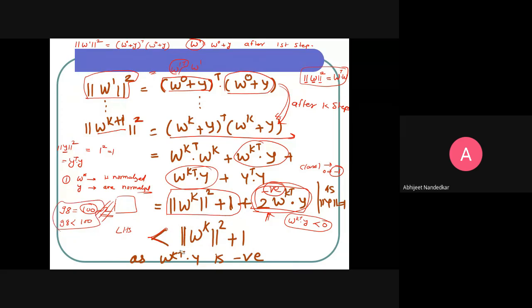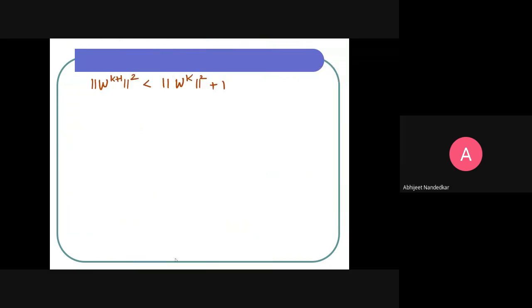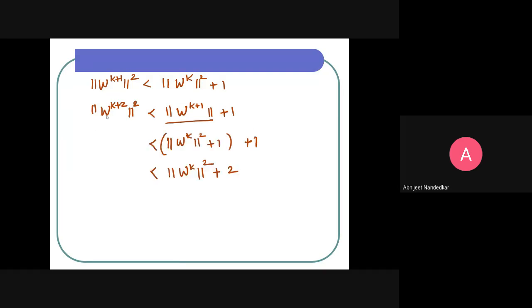Okay, so this is because wk transpose y is negative. Now if I do further steps, same as in the previous case, so if I keep on doing steps, suppose I do ||wk+2||², then it will be equal to ||wk+1||² plus 1.